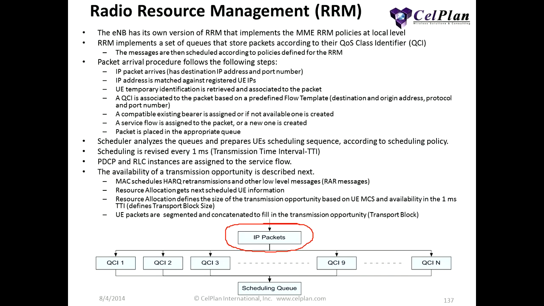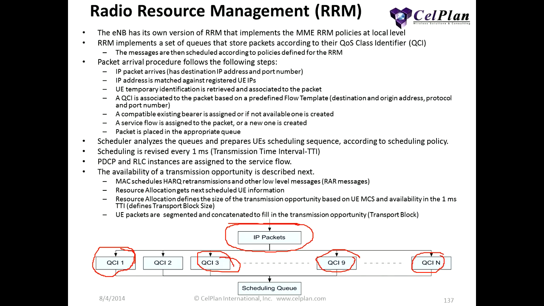The radio resource manager is the one that schedules the IP packets received. It will look at the packet, analyze which protocol the packet was sent with, try to classify this packet according to QoS level, and place it in QoS queues, according to QoS class identifiers.